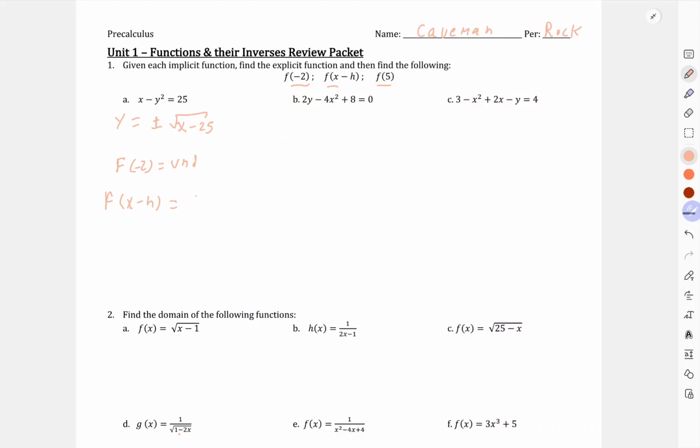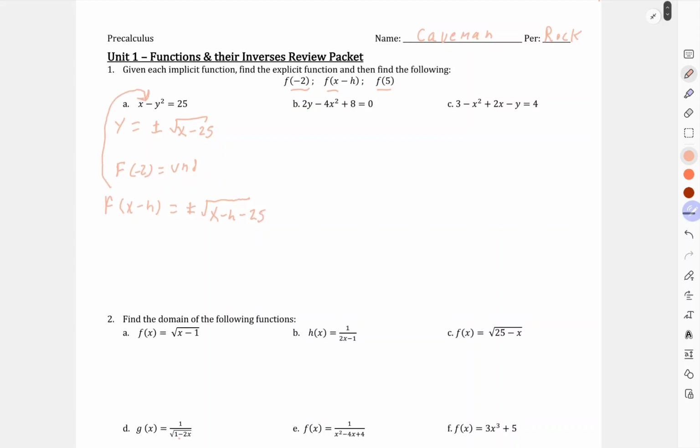It'll give us the plus or minus root of x minus h minus 25. Now, why is this? It's because when you plug this into this, it comes to the other side. Okay, what do we do now? We try to free the y, right? When we try to free the y, it gives this a root, right? And this is just this. So this is right.